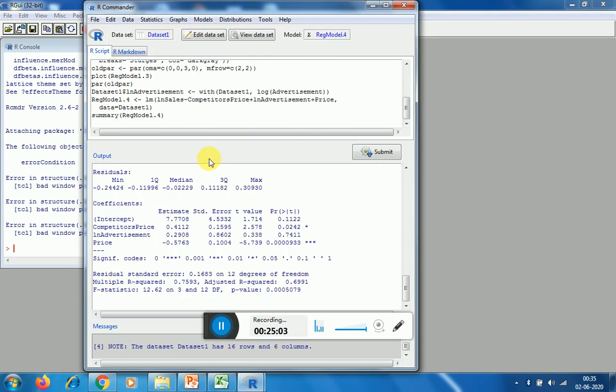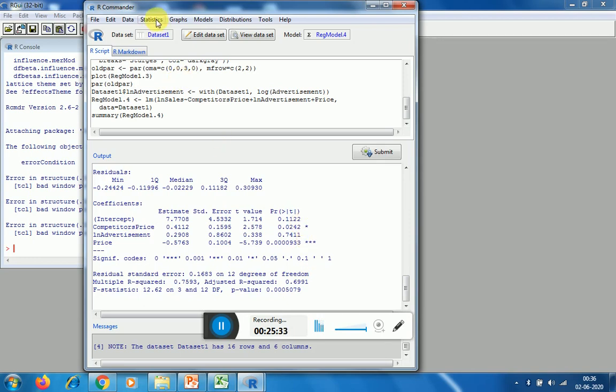Again, what I see here is that ln advertisement is not significant, and because of this the intercept is also not significant. So if I eliminate this, we have already established the model with price and competitors price, and hence we can conclude that advertisement is not significant.